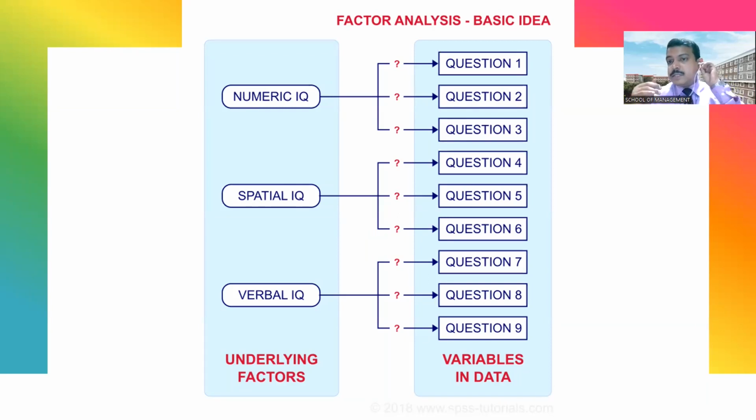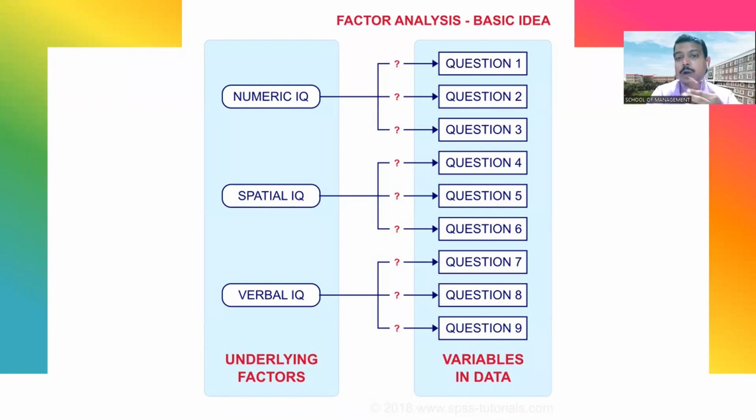These 3 variables have some commonality, with which they predict a factor which is actually not visible. It's not on our questionnaire; the questionnaire has only 9 variables. This factor is unobserved, but because these 3 variables have a commonality between them, we could replace them with an unobserved factor. The 3 variables indirectly predict an unobserved factor.